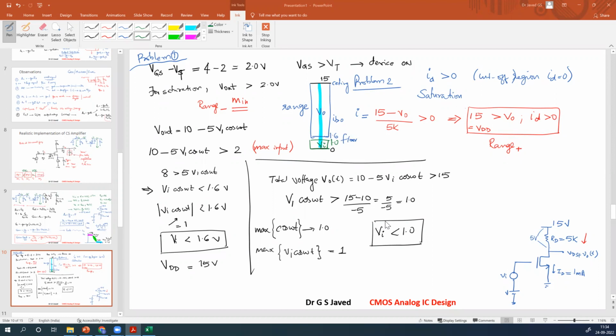Now, what happens when Vi goes greater than this? You will enter the triode region. And 1.0 to 1.6 is a small range, right? That is no man's land. You don't know where to go. But even if you go there, you will start distortion. So what is distortion?